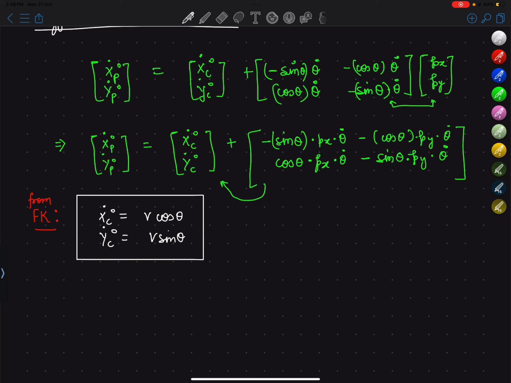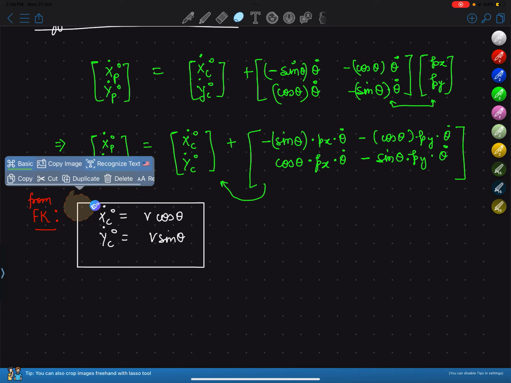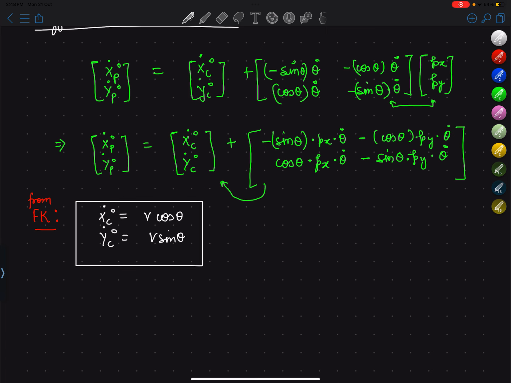We also know that theta dot equals omega, so we can use theta dot and omega interchangeably, no issues with that. But xc naught dot and yc naught dot can be written as v cos theta and v sin theta. So this is from FK. We discussed it a little while ago in the recall section.